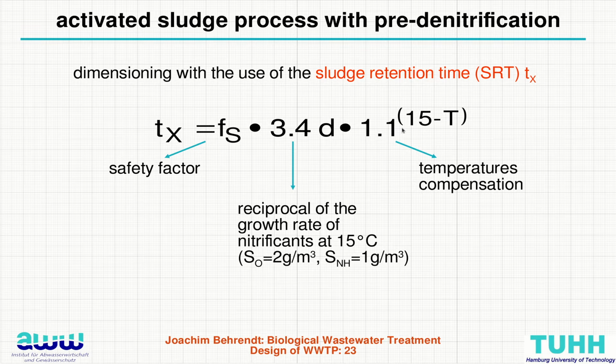Then we have a temperature compensating term if the temperatures are different from 15. We need a longer, higher sludge age if the temperature is lower. In Germany, normally the design is made for 12 degrees centigrade. And we have a safety factor, which depends on the fluctuations and also on the dimensioning of the wastewater treatment plant.